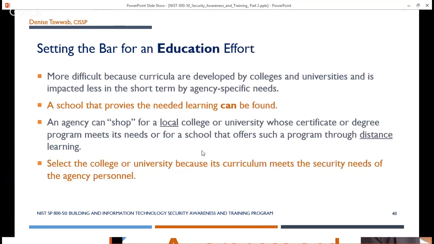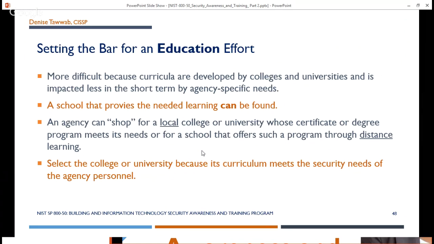So, setting the bar for an education effort. This is the most difficult because the curricula are developed by colleges and universities and is impacted less in the short term by agency specific needs. A school that provides the needed learning can be found.